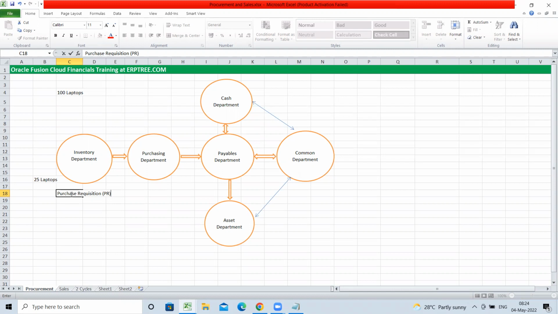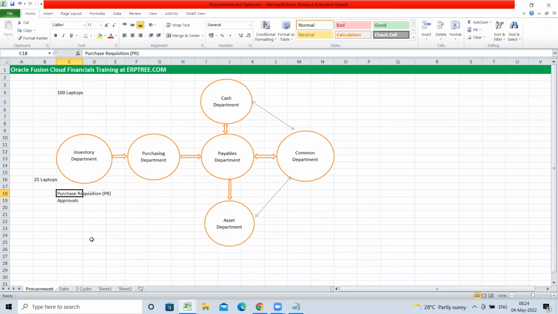Who has to prepare the purchase requisition? The inventory department. After preparing the purchase requisition, it needs approvals from the purchasing department. Based on the demand and shortage, they see what the demand is. If stock is available, they can supply. If there is any shortage, they have to raise the purchase requisition, and internally they have to get the approvals.